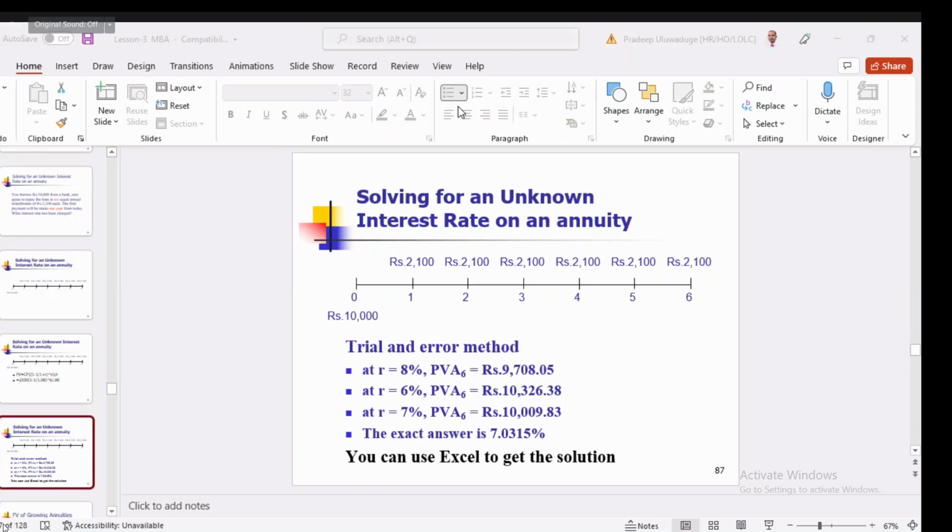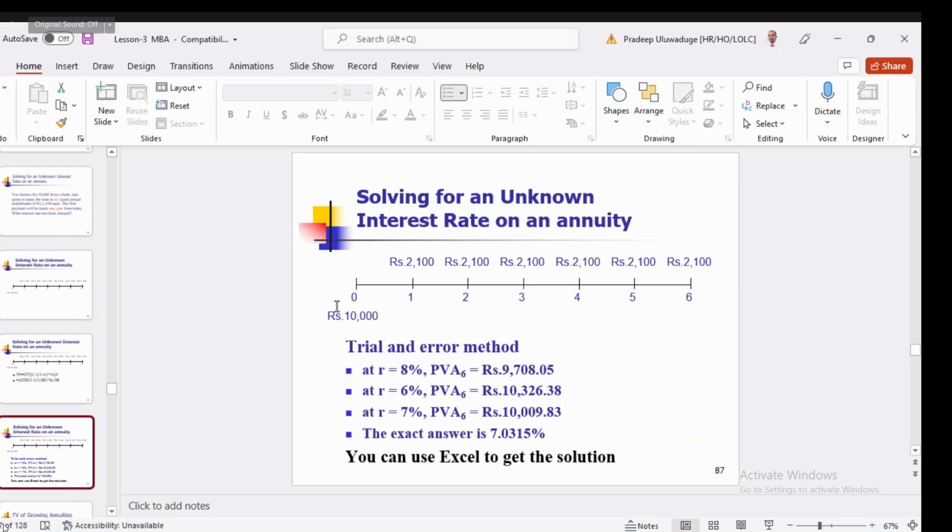There is no guide as such to make the first guess. So 8% will give you a present value of 9,708, right? Now, when you compare 9,708 with your present value of 10,000, you see that 9,708 is less than 10,000.